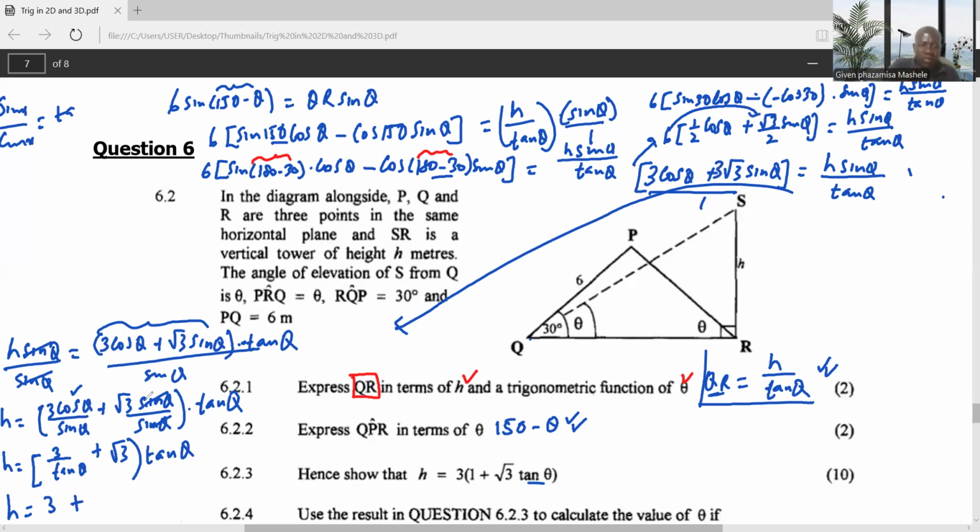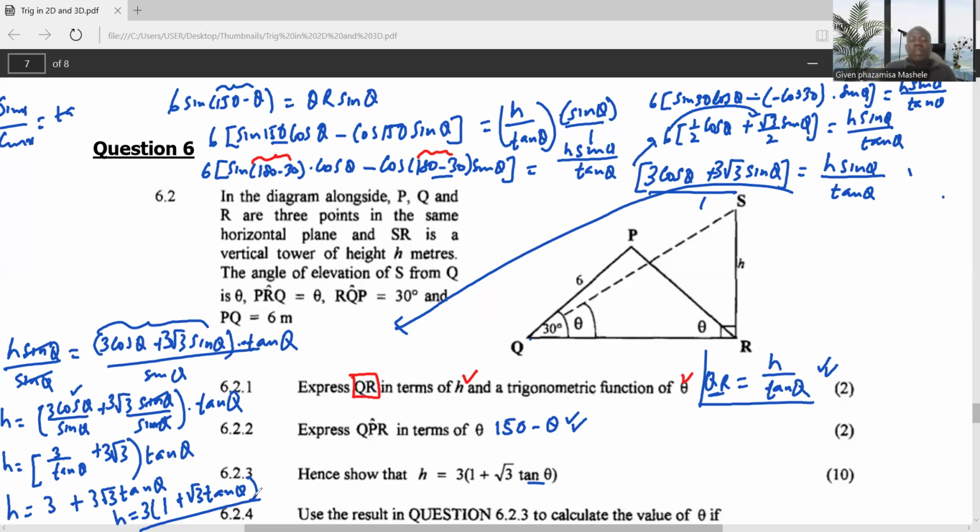I apologize. So this would be 3 root 3 tan theta. What is the common factor? The common factor is 3. So we pull 3 out: 3 into 1 plus root 3 tan theta. So we have proved.